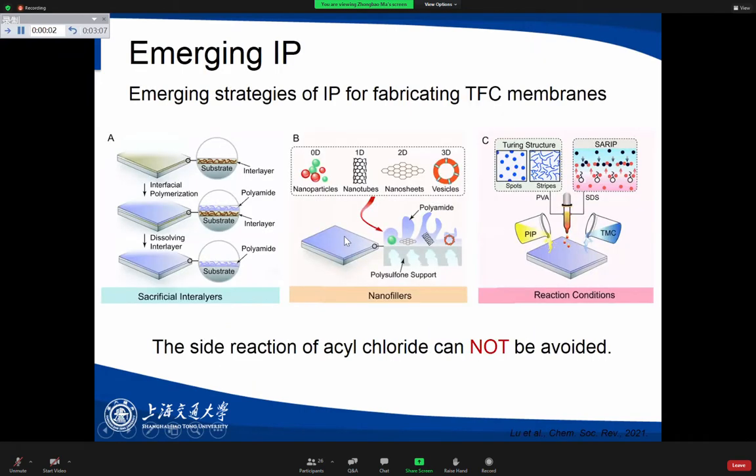So some new IP strategies have been developed, including constructing interlayers or embedding nanofillers or tuning reaction conditions to provide high performance IP membranes. This strategy can inhibit the interfacial instability, but the side reaction of acyl chloride cannot be avoided because of the existence of water.